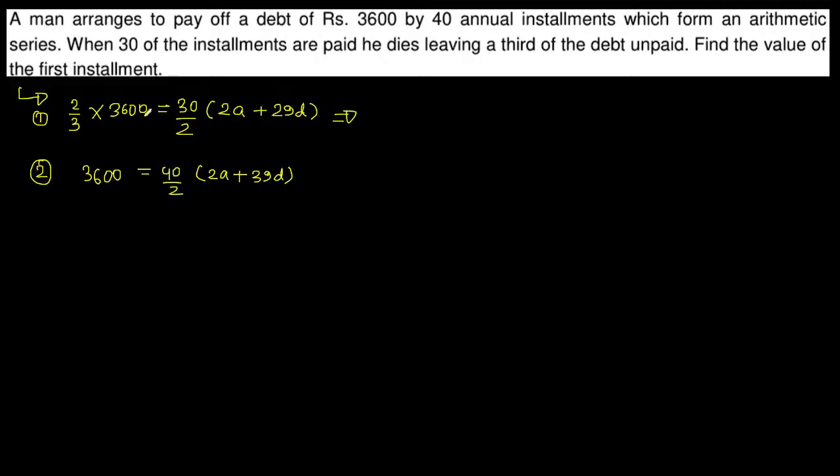From here we get 2400 equal to 15 times (2a plus 29d), and 180 equal to 2a plus 39d.